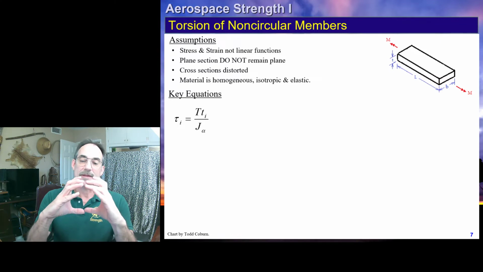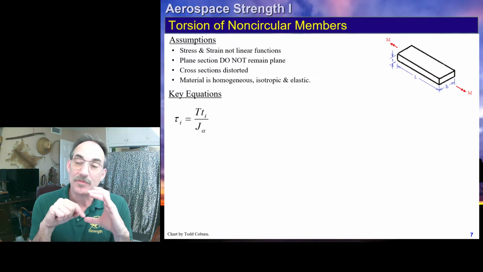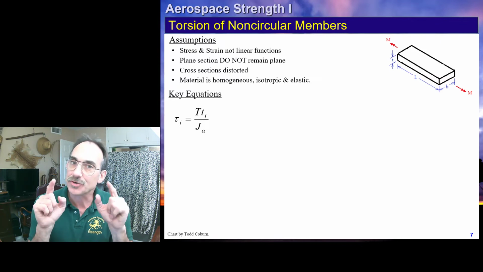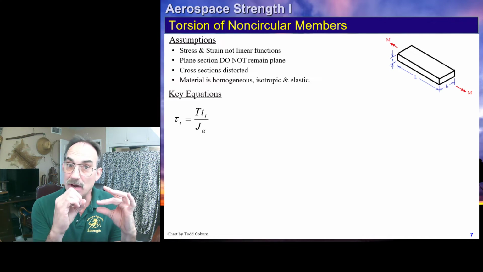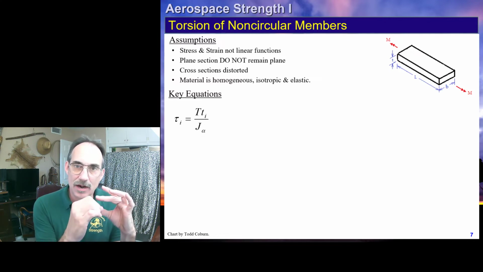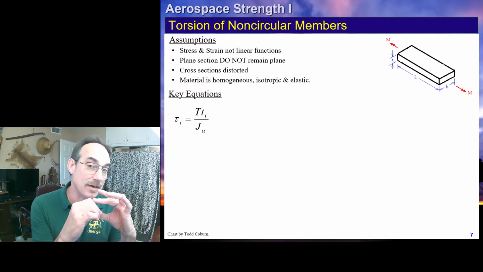If you imagine just like that shear stress in the round section got larger as you moved away, the same thing's true for the non-round, but now remember, imagine we've got little inscribed circles. The circle that carries the most torsion is the center one near the CG of the thing.